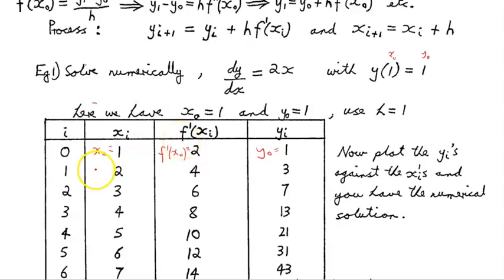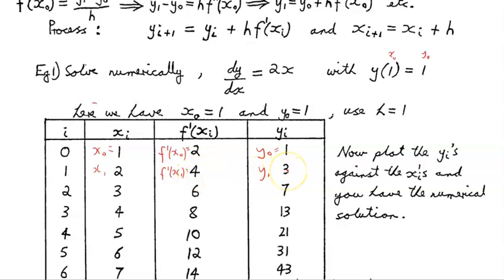Now, this will be x1. This will be y1. All right. And this here will be f dash x1.